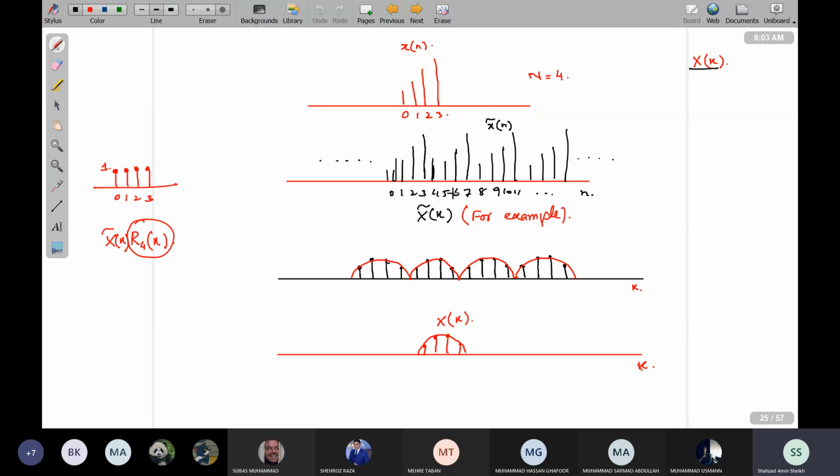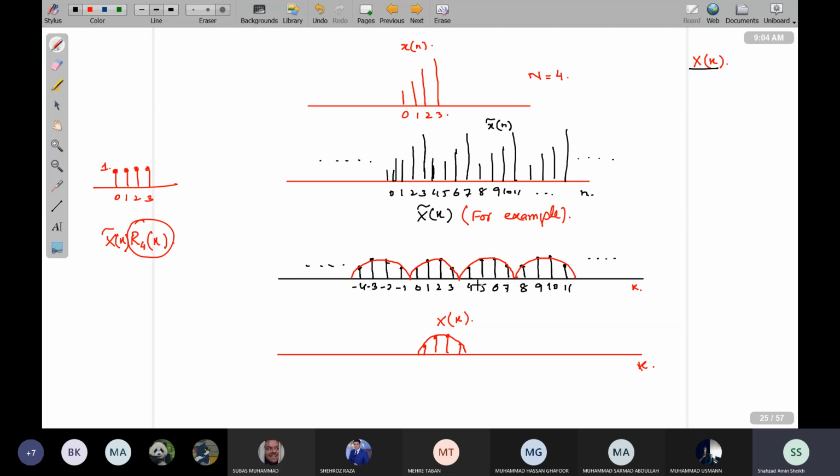Suppose x tilde of k is this. These are the samples of x tilde of k, for example 0, 1, 2, 3, 4, 5, 6, 7, 8, 9, 10, 11, -1, -2, -3, -4. For example, this shape is coming for my discrete Fourier series coefficients.